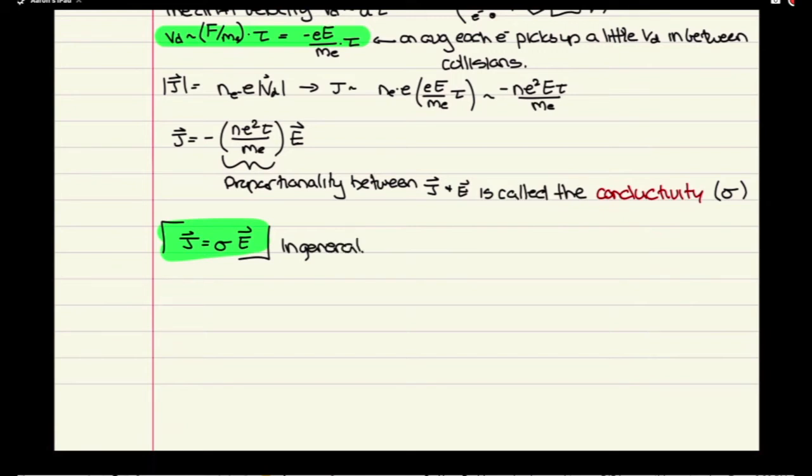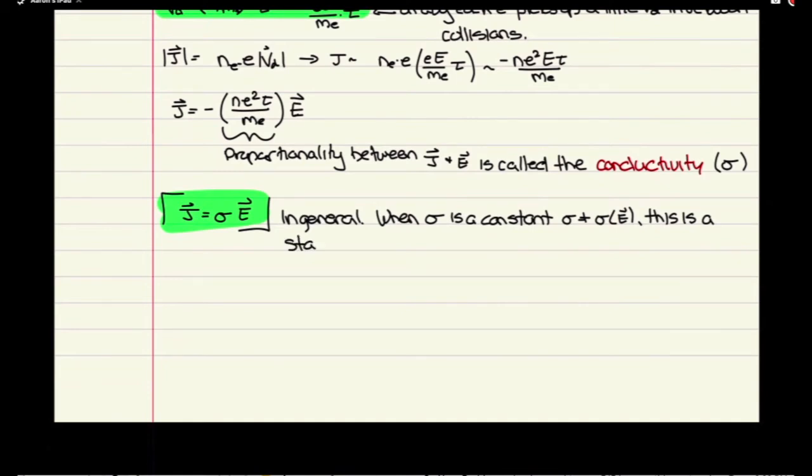In general, when sigma is a constant, which in this case I'm saying that sigma is not some function of, say, the electric field strength, or we'll see later, not a function of, say, the potential difference being applied, this is a statement which is usually called Ohm's law.